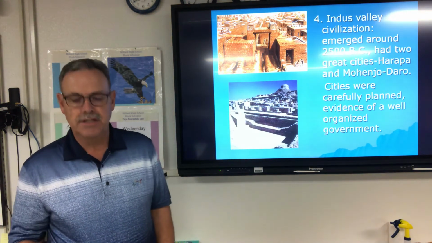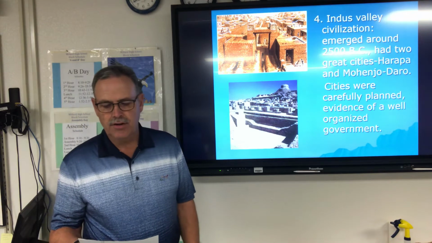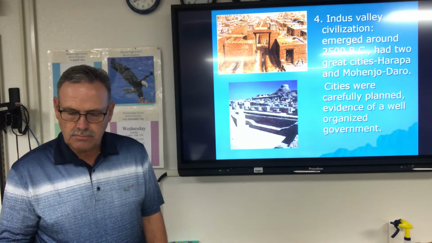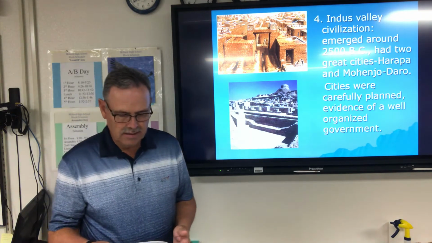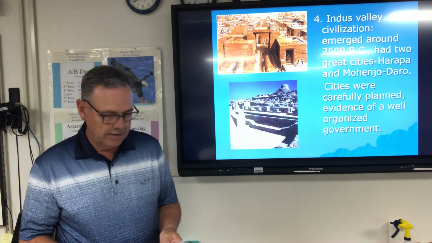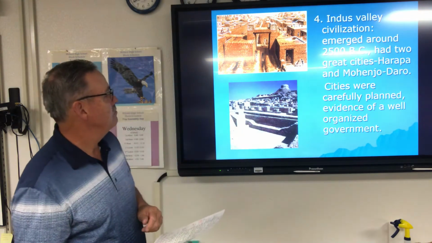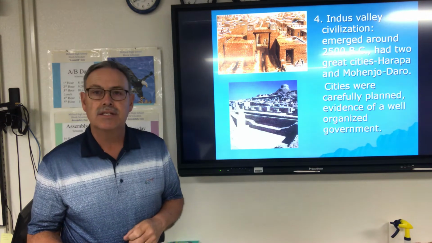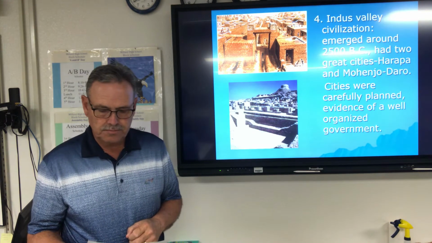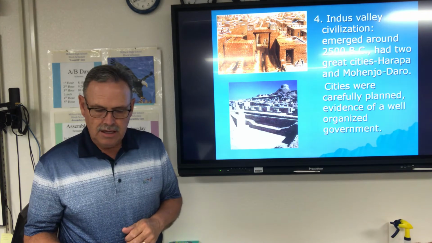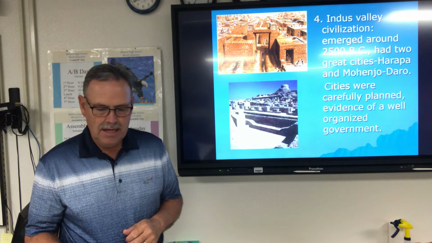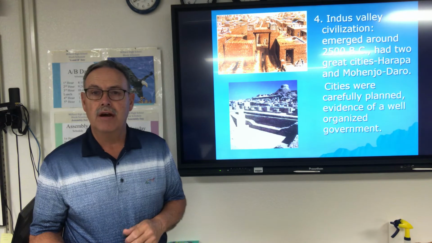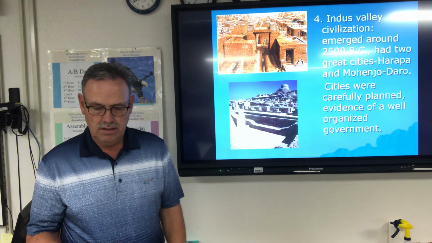So unlike India today, which has 110 languages and more than 1,000 dialects, there were more isolated groups. We start out with the Indus Valley civilization. This was actually discovered in 1922, but it emerged around 2500 BC, and had two great cities known as Harappa and Mohenjo-daro.